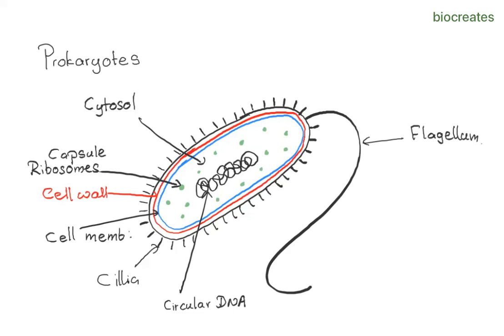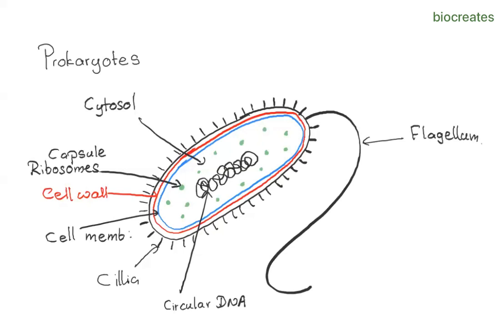Their size is 60S, which is smaller than the ribosomes in eukaryotes. And they don't have any other cell organelles. They don't have membrane-bound cell organelles. These ribosomes do not have a cell membrane. They are just protein structures. They are present in the cytosol of the prokaryotic cell.